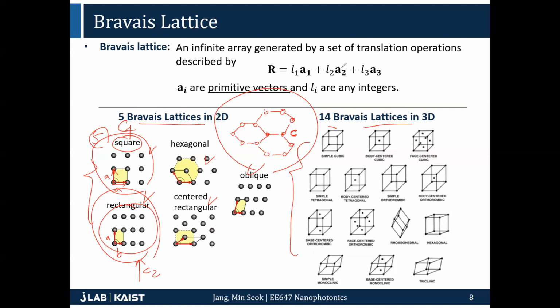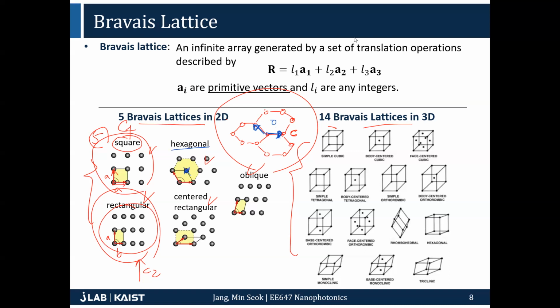Because if you have primitive vector 1 and vector 2, you can immediately notice that there should be a lattice point here, and that is missing. So the honeycomb lattice itself is not a Bravais lattice. In order to be a Bravais lattice, it has to be a hexagonal lattice, but in the honeycomb lattice, this atom is missing.